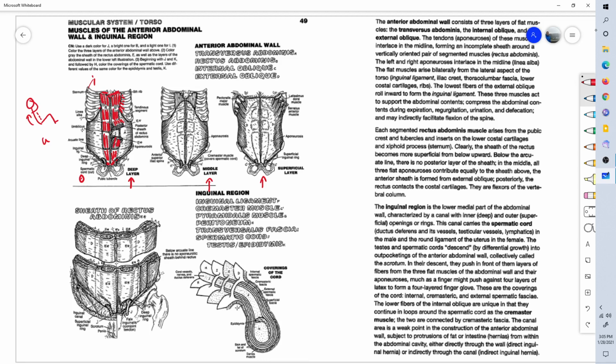Now, the muscle on the side here is called the transverse abdominis. The transverse abdominis muscle.